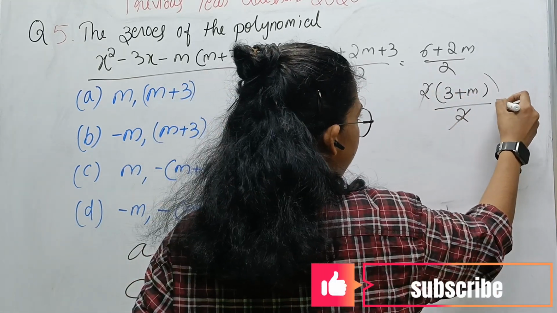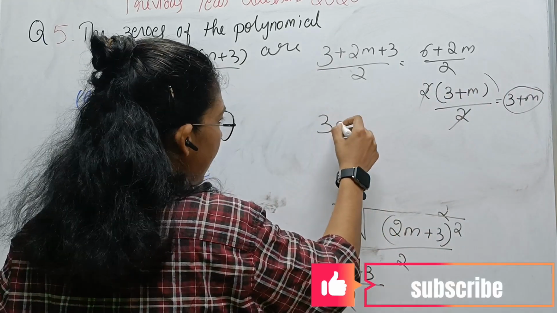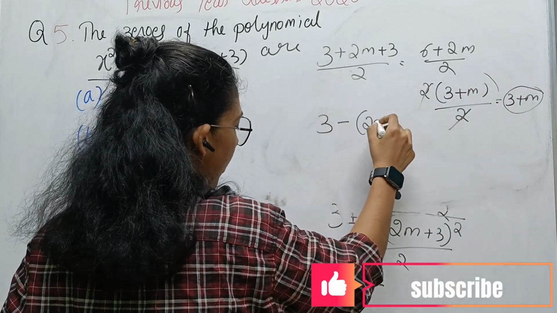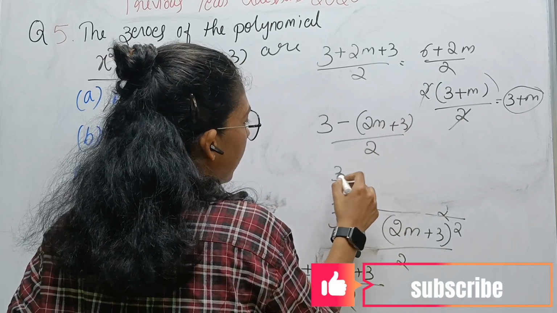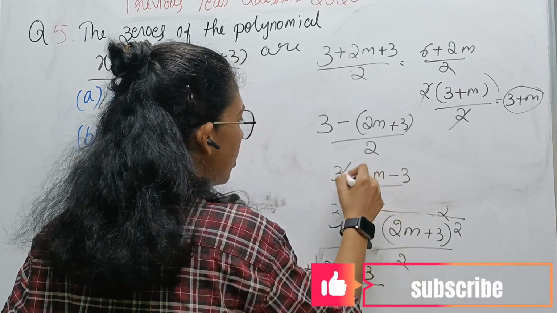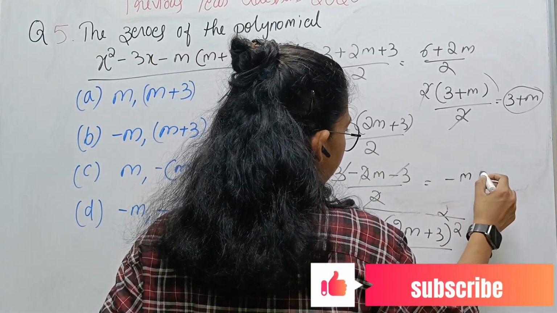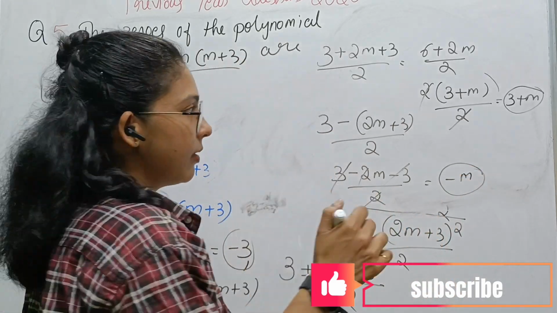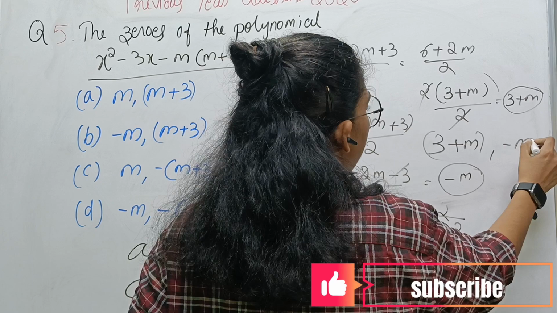So the answer is 3 plus m. Okay, next one is 3 minus 2m plus 3 upon 2. What happened? 3 minus 2m minus 3 upon 2. 3 cancel, 2 cancel, and minus m. Okay, so the two answers are 3 plus m comma minus m.